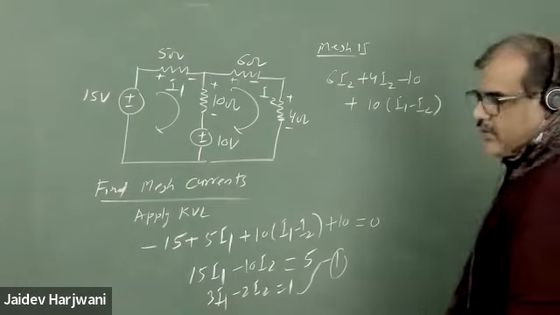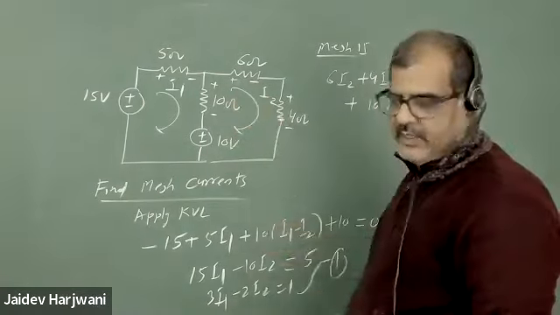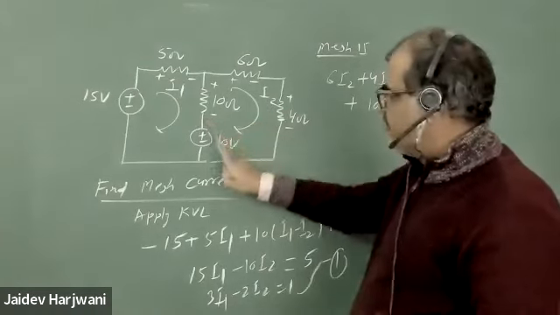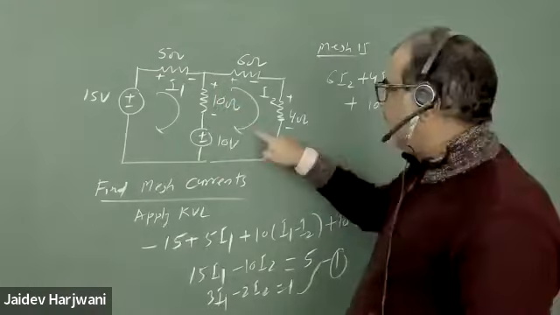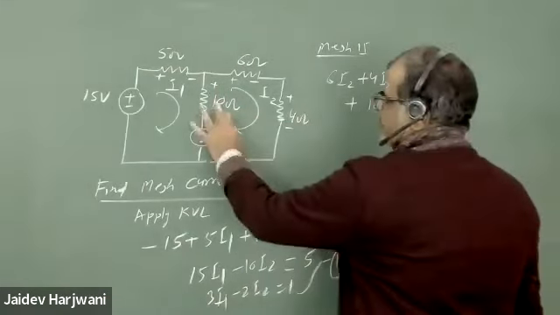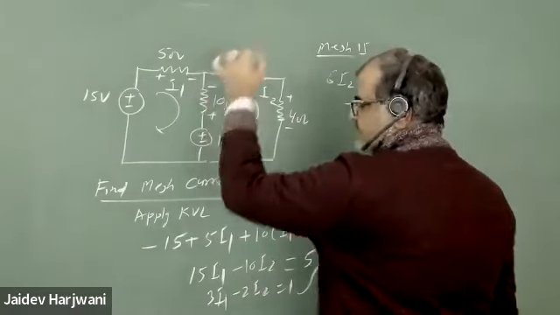Now you say no, I don't want to follow this; I want to go in the direction of this one. So if I go in this direction, the current will be I2 minus I1. If you're moving in this direction, this will be plus, this is minus.